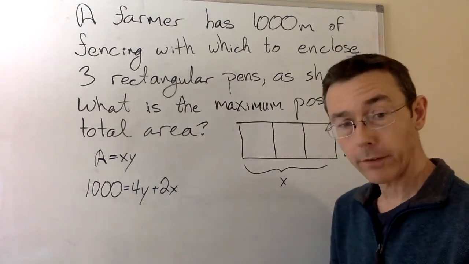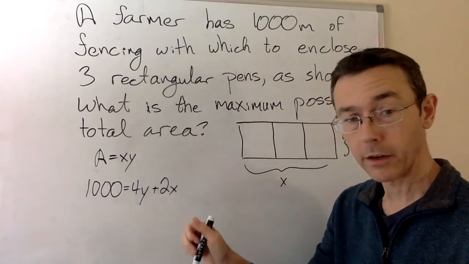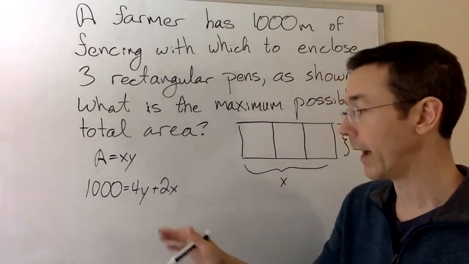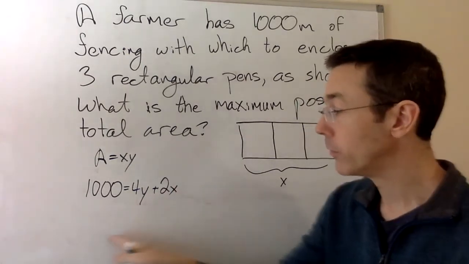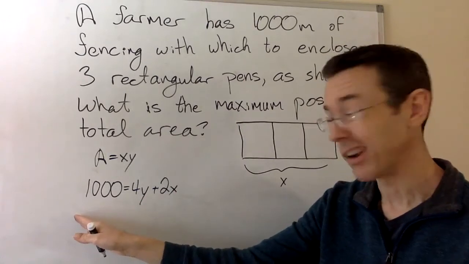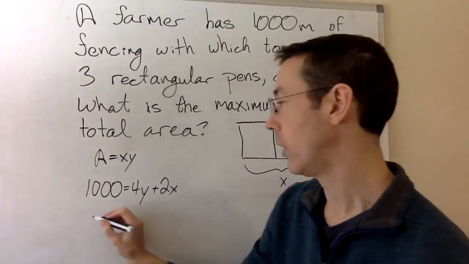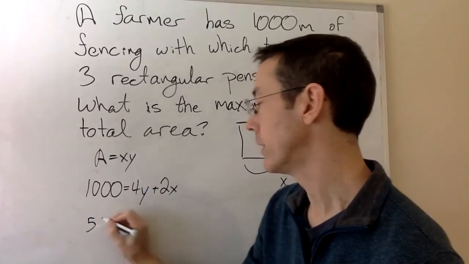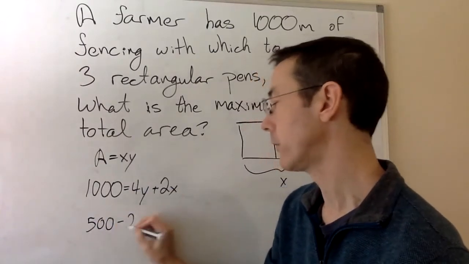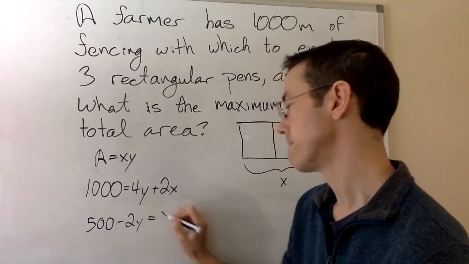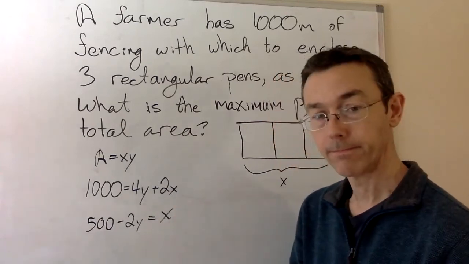So I'm going to solve this for x and plug in here to get an equation just in terms of y. I'm going to do that by moving the 4y over to the other side, subtracting 4y from both sides, and then dividing by 2. So overall, I get that 500 minus 2y is equal to x.